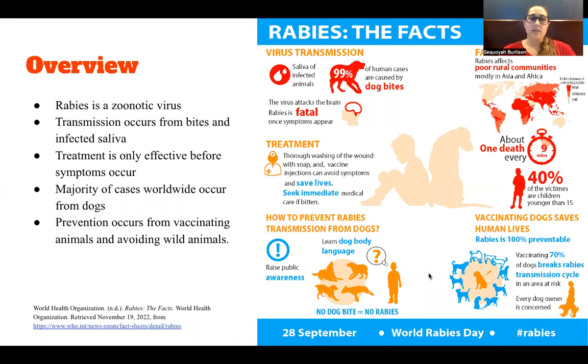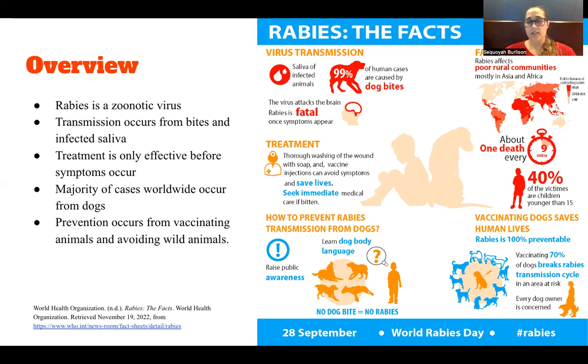In all, rabies is a zoonotic virus. This means it transfers between species. It infects any mammal that comes in contact. It is spread by a bite, and it is found within the saliva. Once infected, the majority of the time, the virus is fatal, especially by the time it reaches the central nervous system.